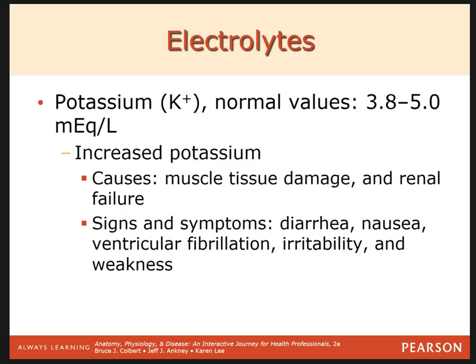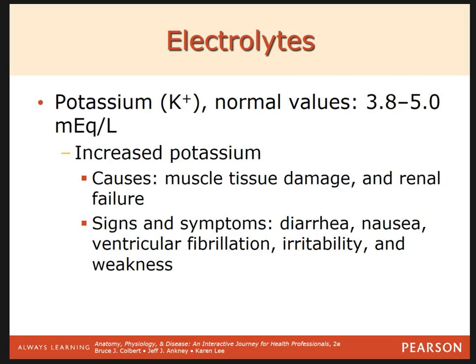The next electrolyte is potassium. Potassium is an ancient word called kalemia, Latin word, and that's where the elemental symbol K comes from. It is a cation. It has a positive charge. The normal values of potassium are 3.8 to 5 milliequivalents per deciliter, and increased potassium can be caused by muscle tissue damage and renal failure.